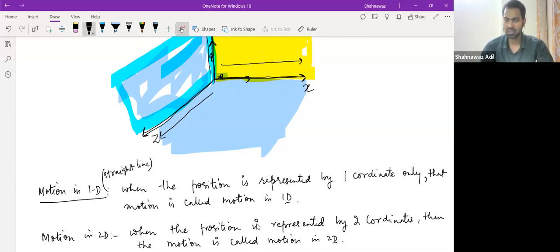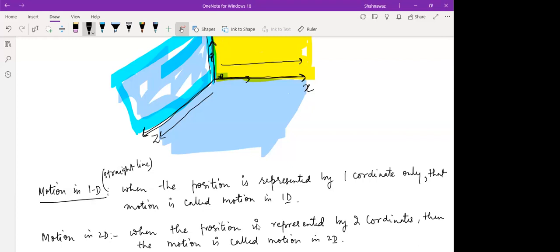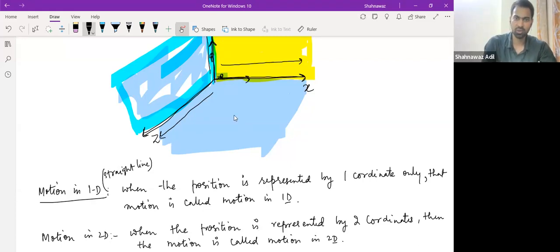So when a ball is rolling across the floor. The ball is here, and it is rolling in here and in there, right? So this is on the floor.